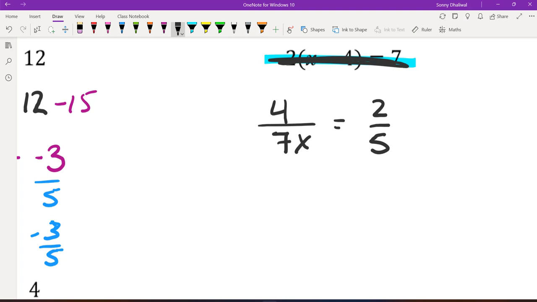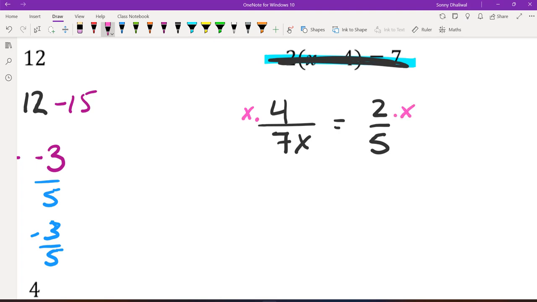How is this question different than other ones? Ethan? X is on the bottom. X is on the bottom. It needs to be moved to the top. How do we move it to the top? Ethan? We do the opposite. Get rid of it. Yeah, we do the opposite to get rid of it. So the x is dividing on the bottom, so we multiplied x to the top on both sides.